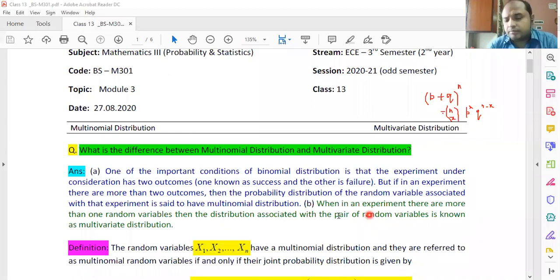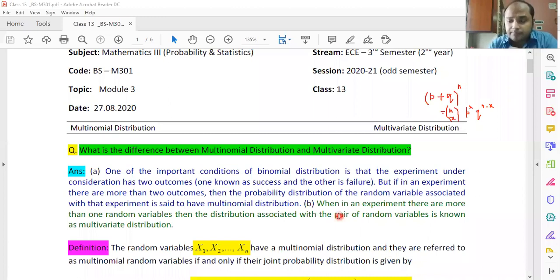You can say the pair of random variables, but I'm not talking about the ordered pair only. I can talk about triplets or quadruples or n-tuples also. If there are n random variables in a system, we can write them in parentheses as capital X1, capital X2, dot dot dot, capital Xn. So if more than one random variable is associated, it is called multivariate.